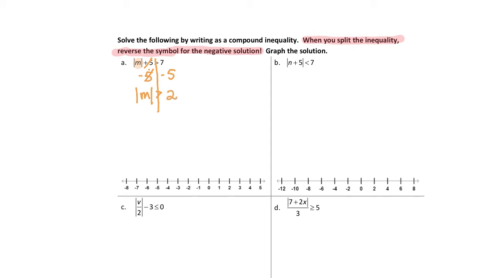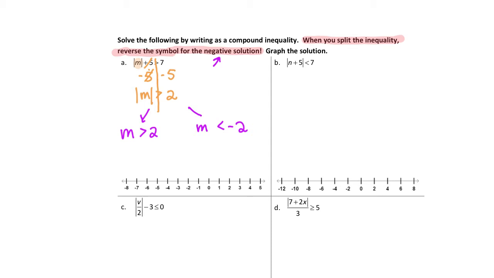Now remember, with an absolute value, we split it into the two possibilities. My first possibility here is m is greater than 2. Just leave that one alone. Now remember, the second possibility is the negative direction. So this is minus 2, but we just had this new rule for the negative solution. We want to reverse that from a greater than to a less than.